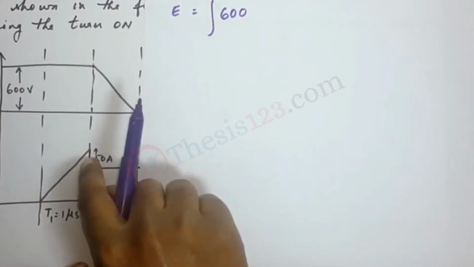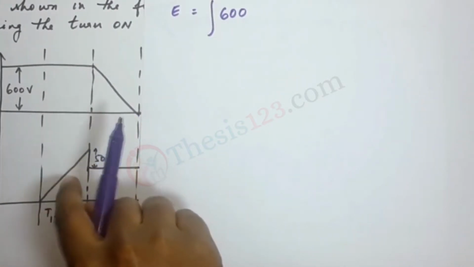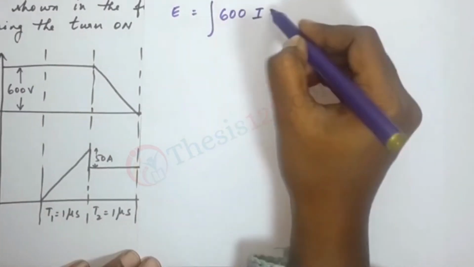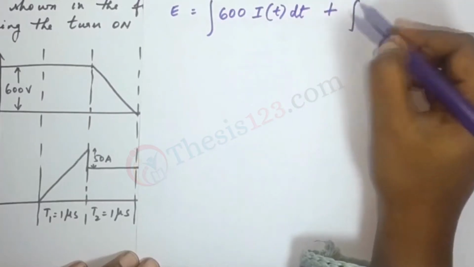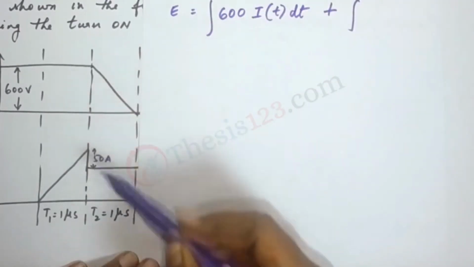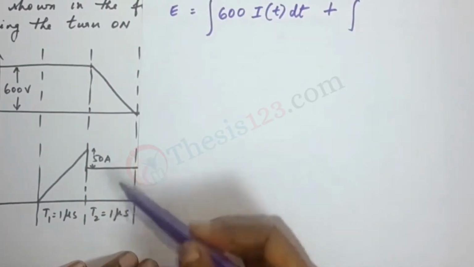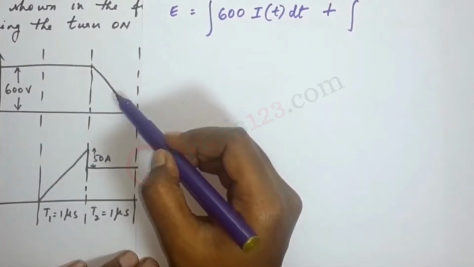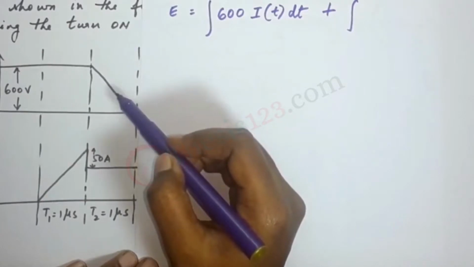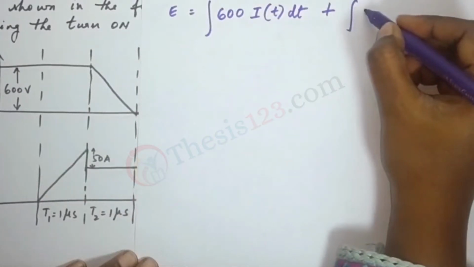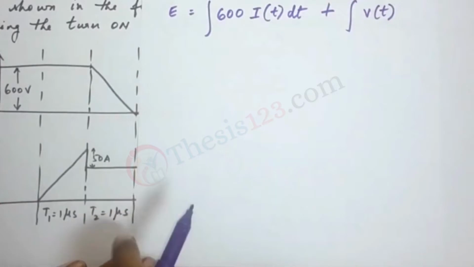Now since this is a linear line, we need an equation for it. So let's write that as I of t for now, plus the integral over T2. For the second period of time, we have a change in voltage, which is a linear line, and we don't have the equation for this, so let's just write that as V of t times I of t.